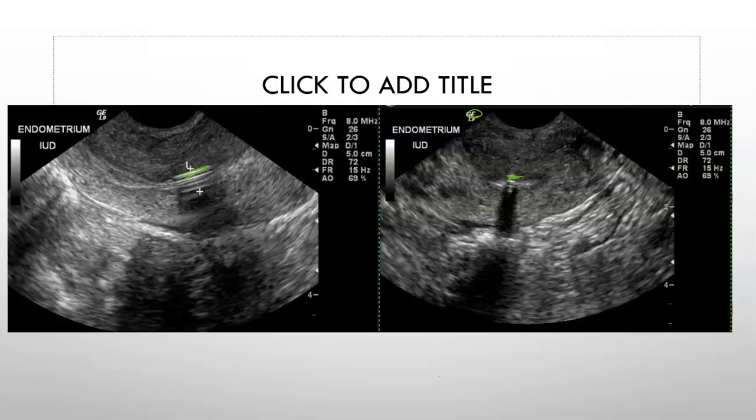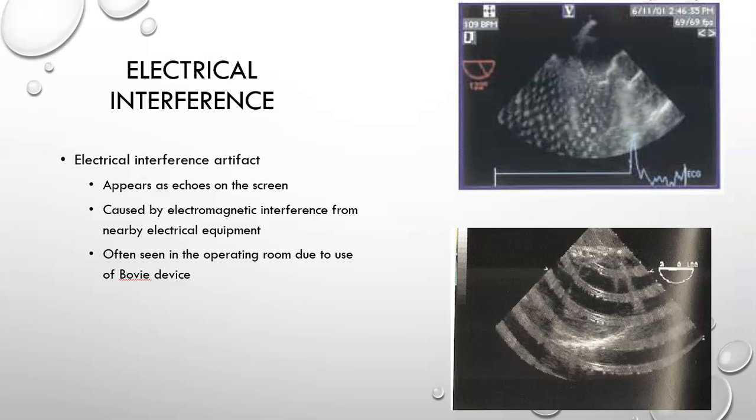Not every type of artifact is inherent to our machines. Some of them can be caused by other machines. So this is electrical interference that has occurred from a nearby operating room that is causing these artifacts to appear on our screen.